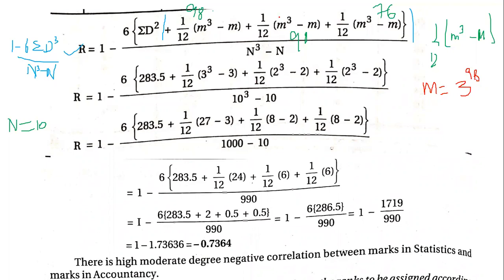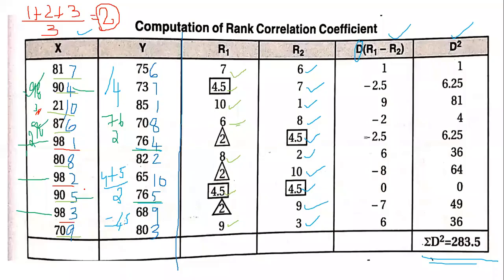Now, second expression is for 90. Second scenario, 1 by 12 into this, let's take this as m1, this is m2. Now, second m is 2 because 90 is repeated 2 times. If you go back to the table, 90 is repeated once and twice.